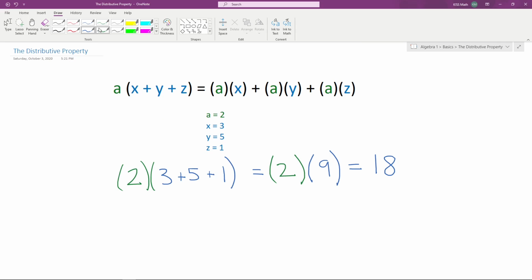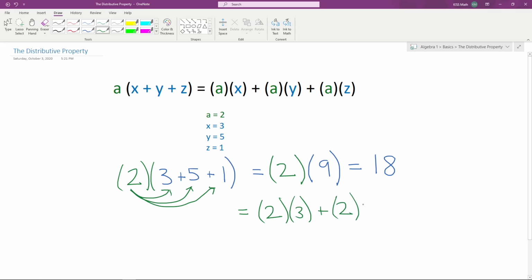Now I could also use the distributive property and distribute the 2 to this 3, to the 5, to the 1. And so we would get 2 times 3 plus a 2 times 5 plus a 2 times 1.